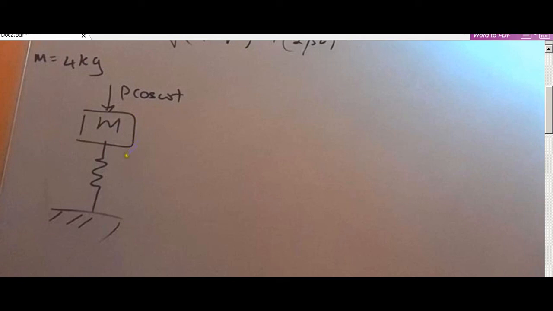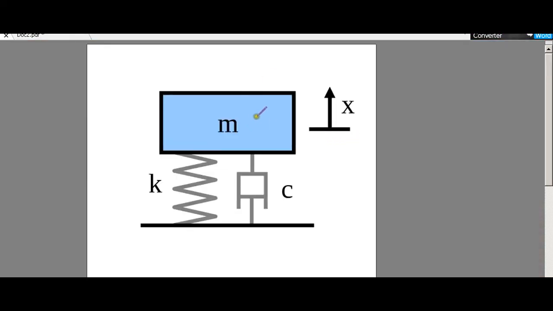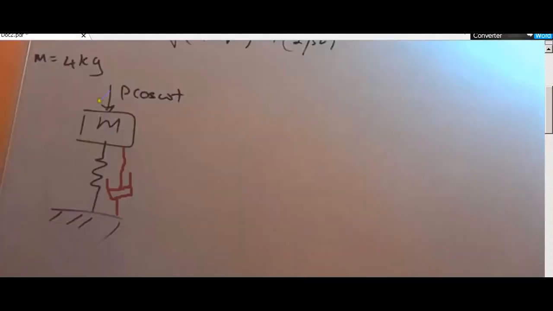So now you have to sketch a damper also. Let me sketch the damper like this. That means it is something similar to this: the mass, then the spring, and then the damper. The motion of the system you can consider along any direction. Let's say the motion of the system is x.